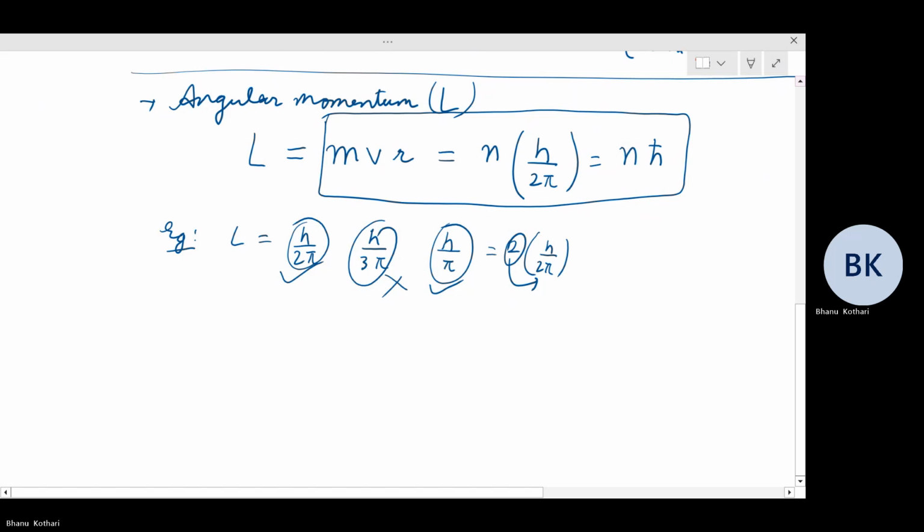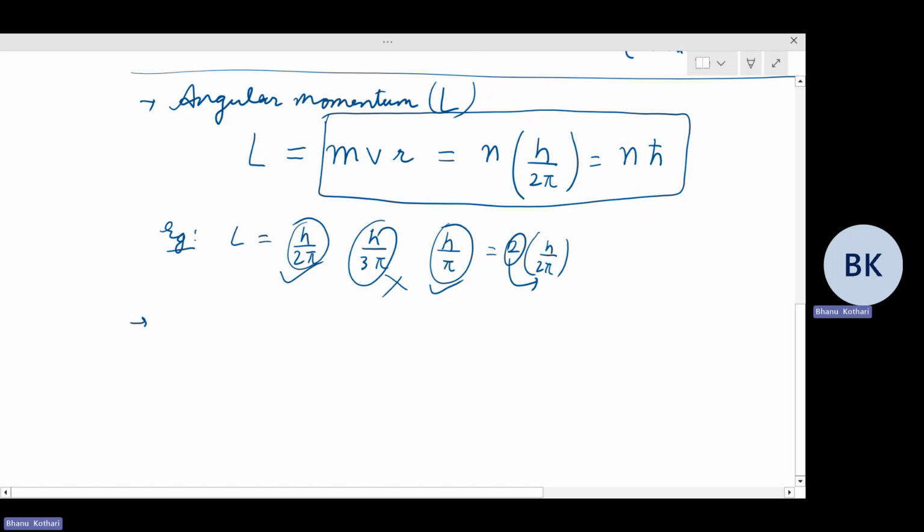Next postulate is that for an electron to maintain its stationary orbit, the centrifugal force felt by the electron should be balanced by the electrostatic force of attraction between the electron and the nucleus.